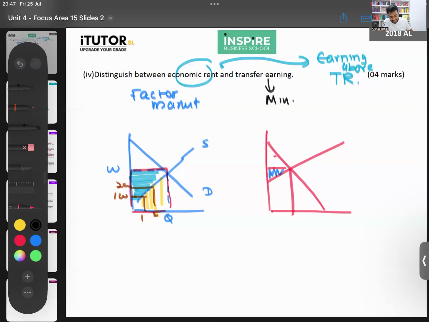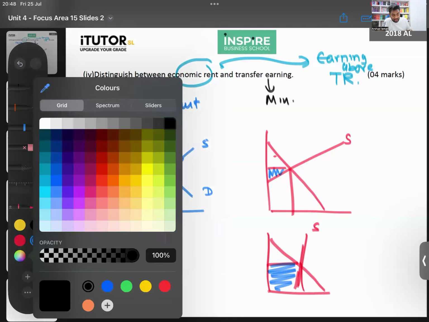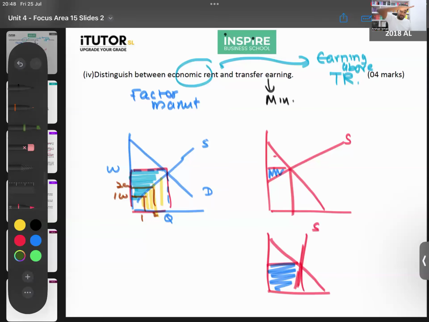If you have, let's say, an inelastic supply curve, then your economic rent area becomes very big. So when will you not have economic rent? You will not have economic rent, Lama, if your supply is perfectly elastic. So if your supply curve is perfectly elastic, then there is no economic rent.